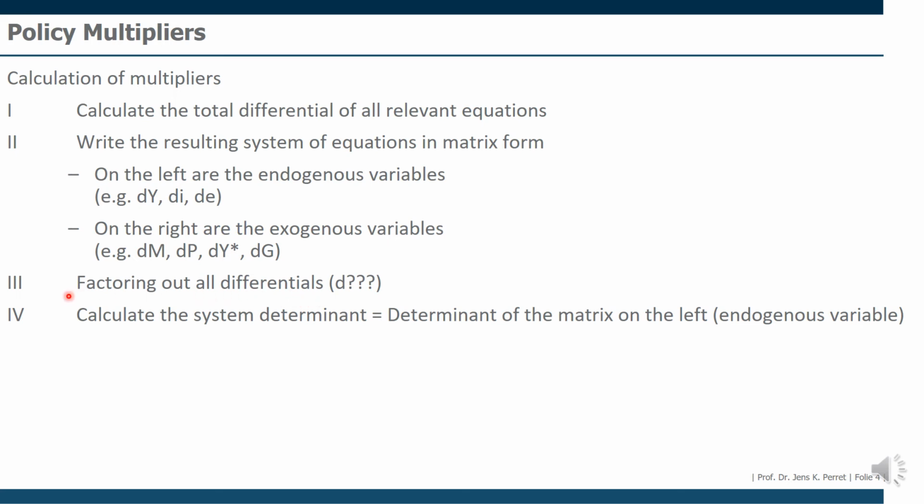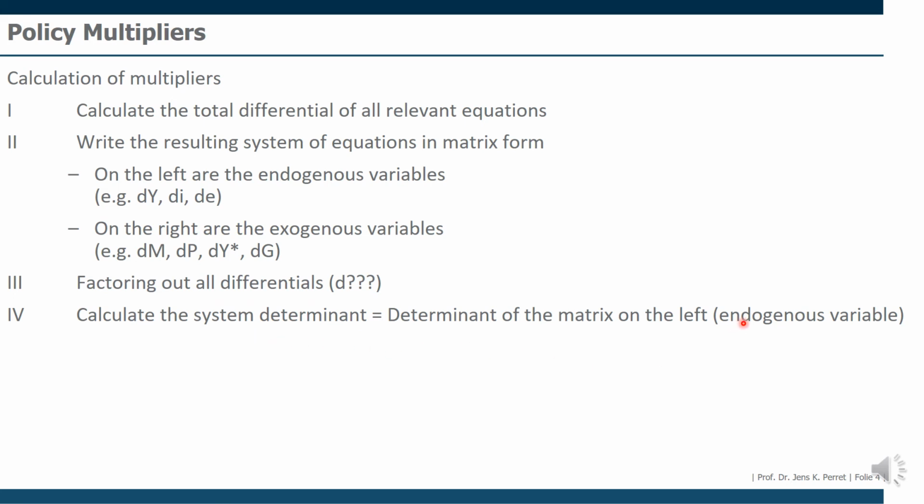And then in this fourth step, we are considering only the matrix on the left side, which we call the system matrix, and we calculate the determinant of this left-hand side system matrix. That's called then the system determinant.